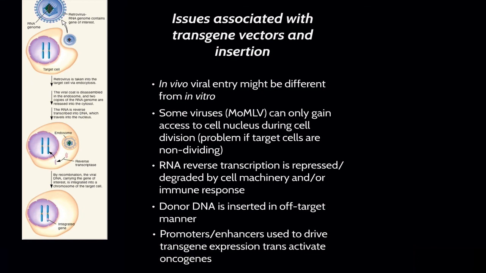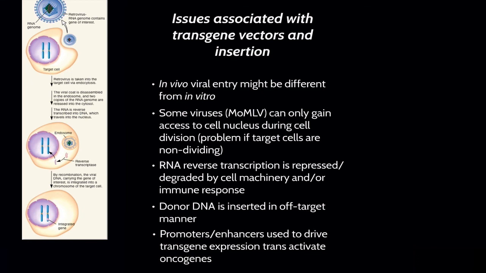Okay, but what they found out later, which they didn't know at the time until the clinical trials were underway, was that that transgene, the promoters and enhancers used to drive the transgene, also transactivated oncogenes nearby, right?